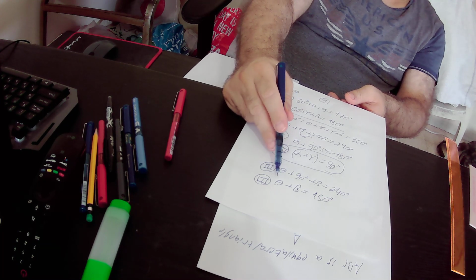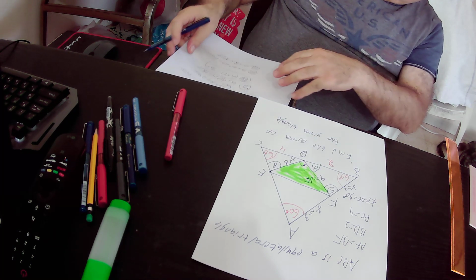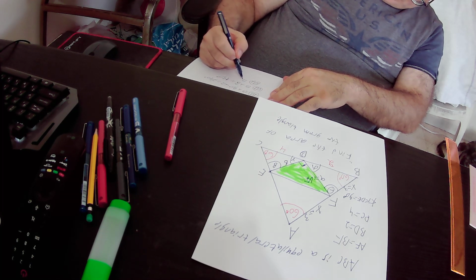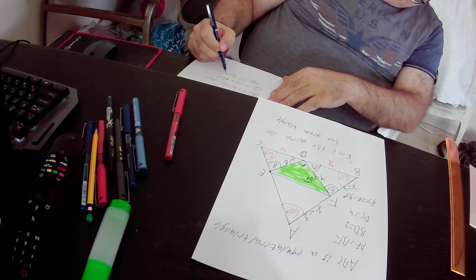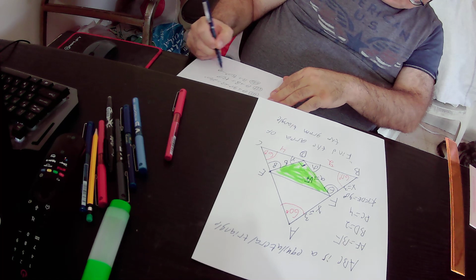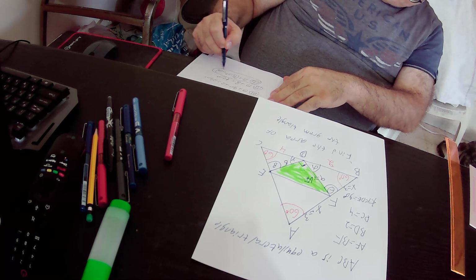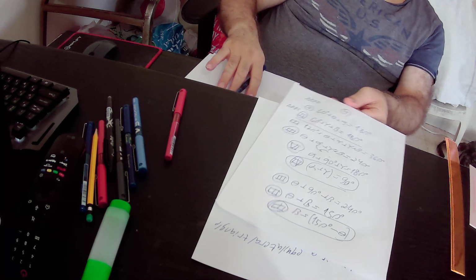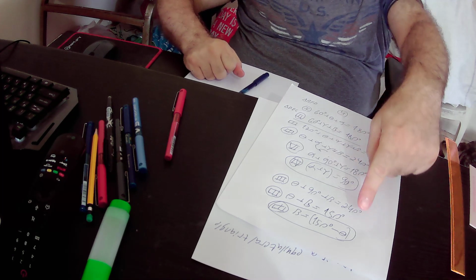We will subtract theta from both sides, and we will get that beta equals 150 degrees minus theta. Okay, we got that beta equals 150 degrees minus theta.